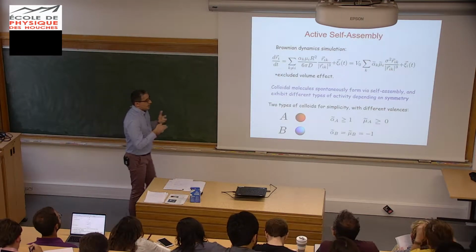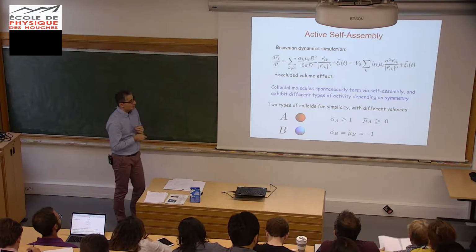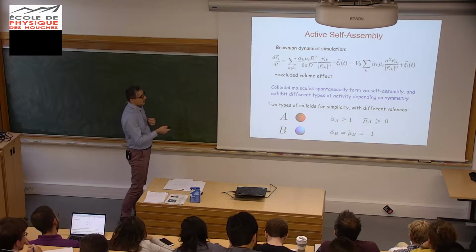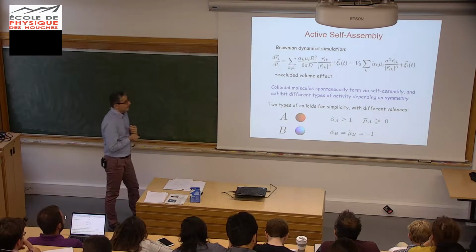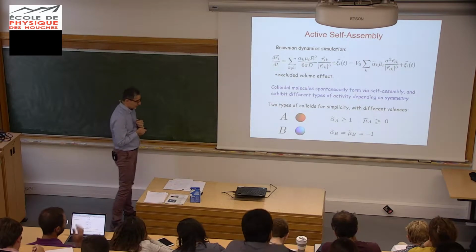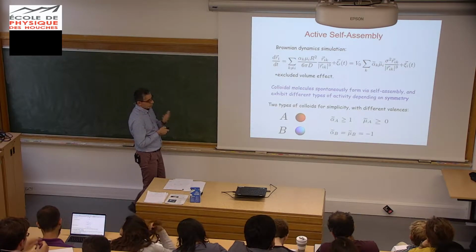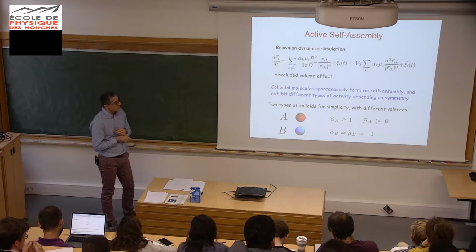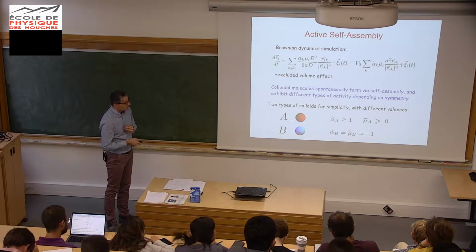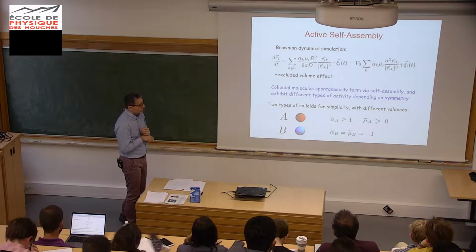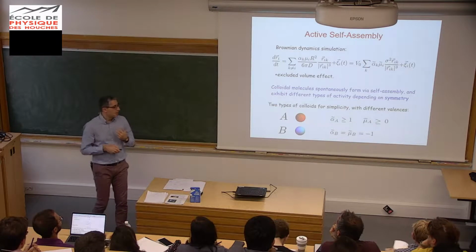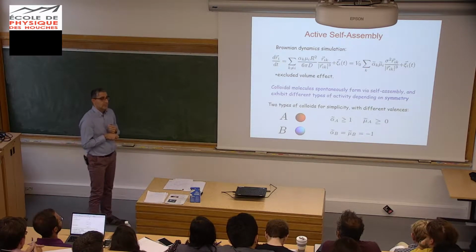You can first try not to think about it too much and just simulate the system and see what you get. So here is a Langevin or Brownian dynamics simulation setup of these 1/r interacting, or 1/r squared interacting in terms of the field, particles plus some excluded volume effects, and we took two different types, normalized the charges so that we can think about alpha and mu, well, in this case alpha tilde and mu tilde, as valences.